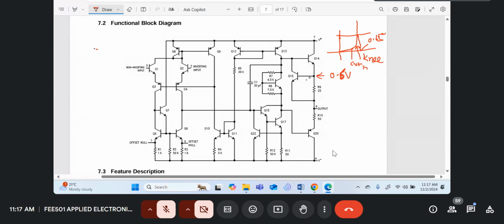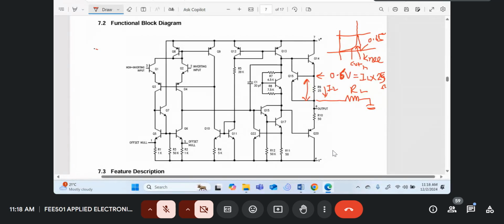Then it means that when this drop over here is 0.6, it means the current going to the load, because you'll be putting your load over here to the ground. So 0.6 should equal your load current IL times this protection resistor, R9. So it's 25, not 20.